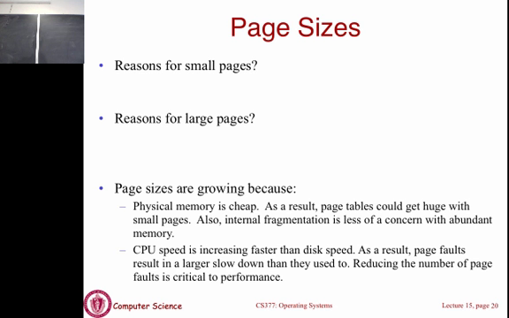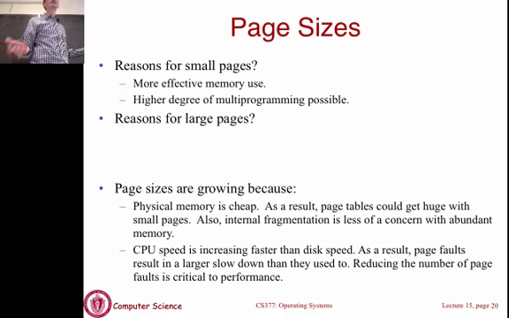If your pages are tiny, you'll allocate a bunch of them and might only have a tiny bit of internal fragmentation for this process. As a result, you're making better use of your memory, so you can run more programs, a higher degree of multiprogramming. Now, why might you prefer large pages to small pages?